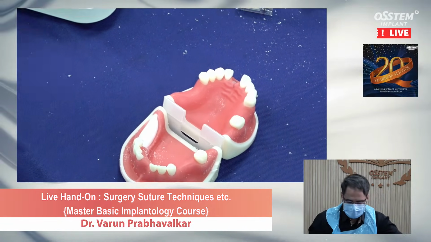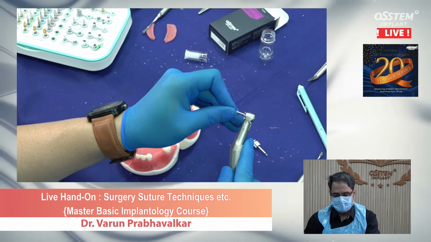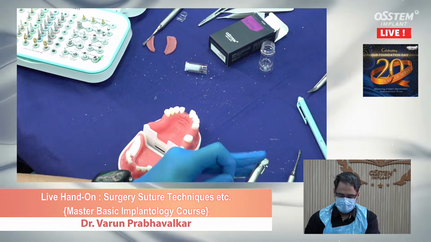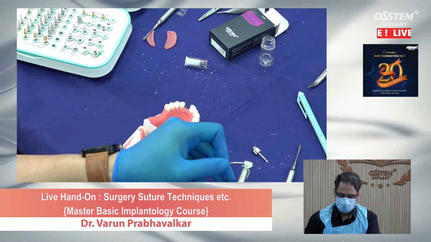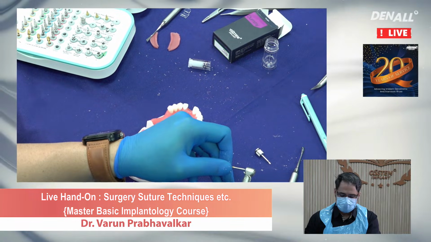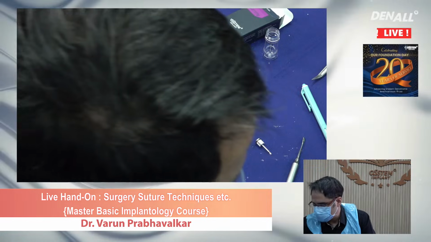Again, the question comes is that how do we have an engagement inside the socket? Particularly from a theoretical point of view, understand that we engage usually the palatal wall in case of a socket.